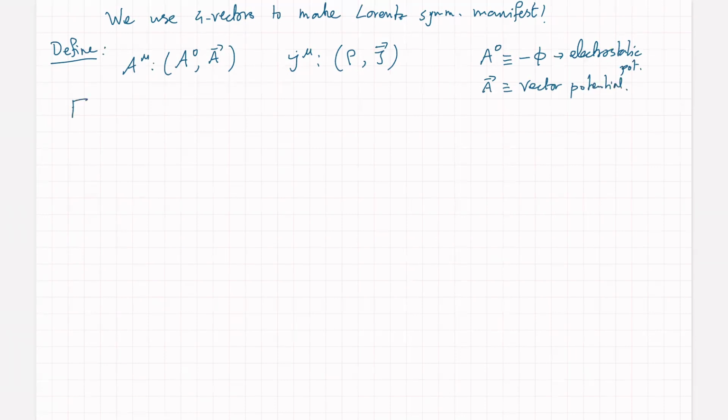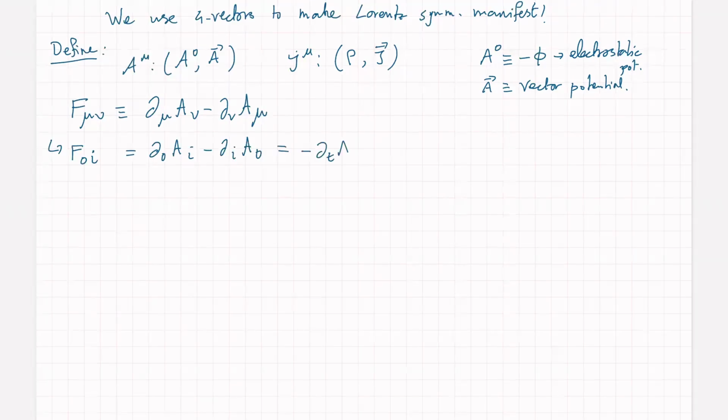And we define the Maxwell field strength tensor. The contravariant one should be defined as this, and then you can define the covariant one by the usual raising or lowering. And then you can easily check, for example, if I look at F0i, all downstairs, this is del 0 Ai minus del i A0, which is essentially minus del t A minus del i phi.